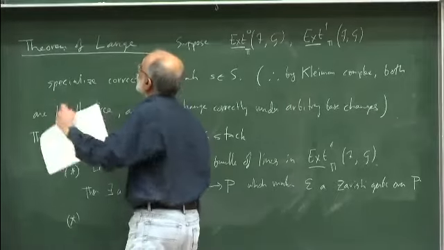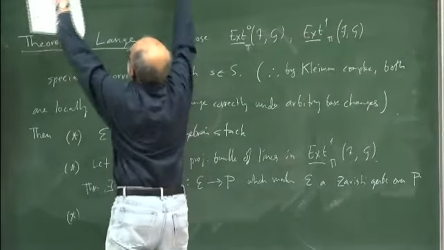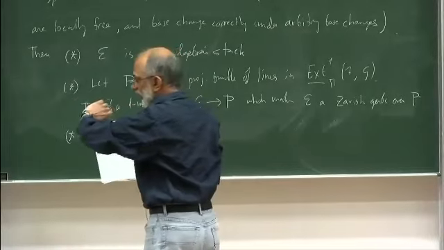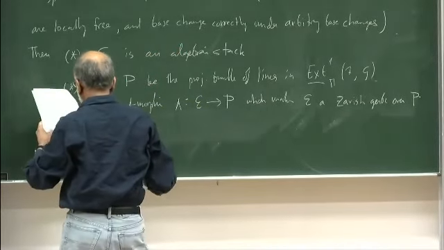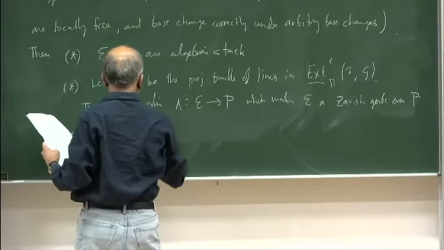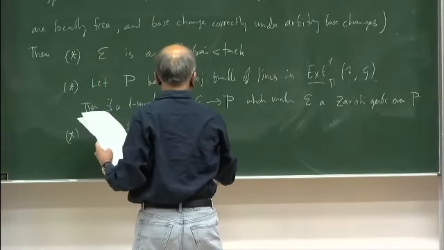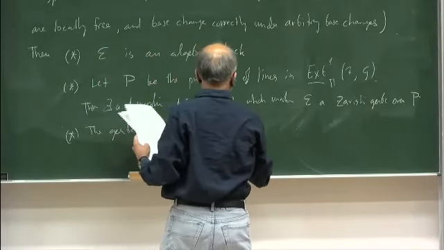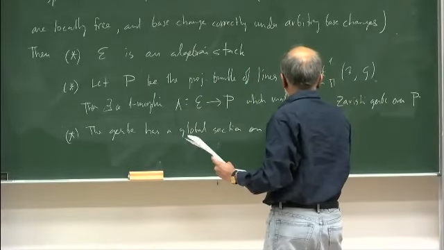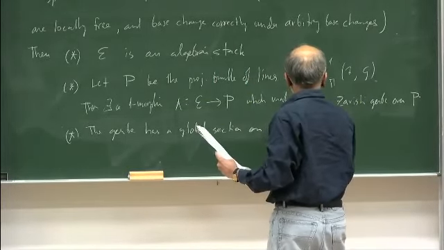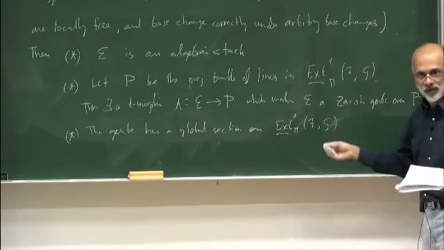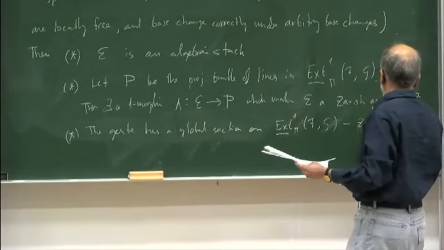Okay, I am now worried it is going to get long. Okay, third property, and I am nearly running out of time. The gerbe has a global section on, treat this as an actual physical vector bundle, spec of the symmetric algebra of the dual, and remove the 0 section.